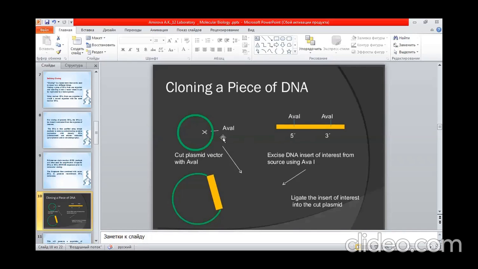We cut the plasmid vector with restrictases and cut the gene of interest from the source using the same restrictases, and ligate this gene of interest into the cut plasmid, and we obtain recombinant DNA with the gene of interest.